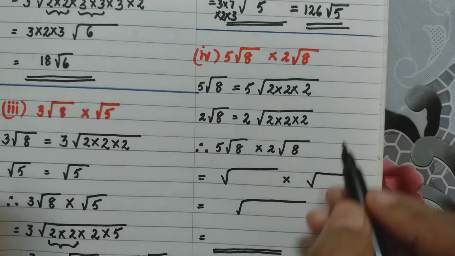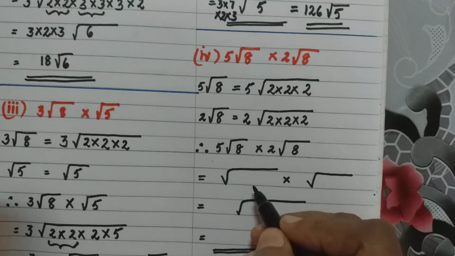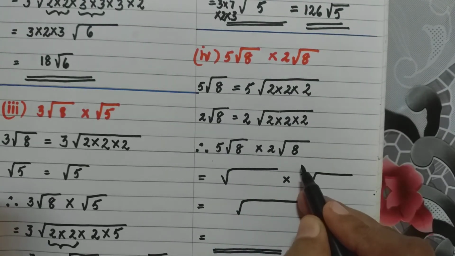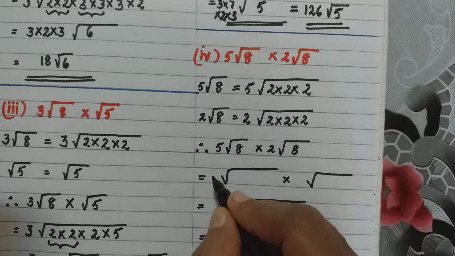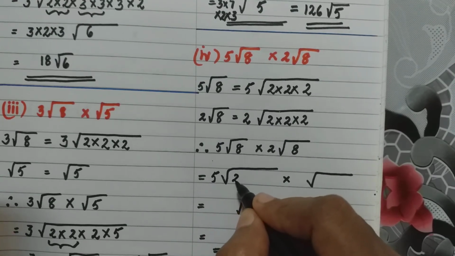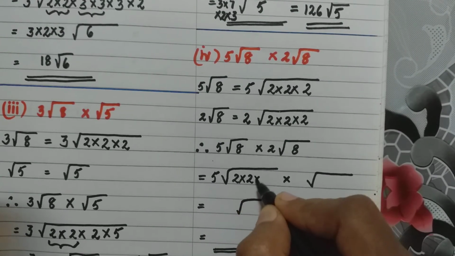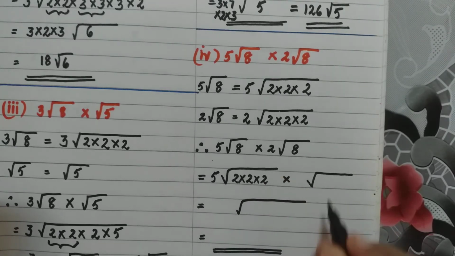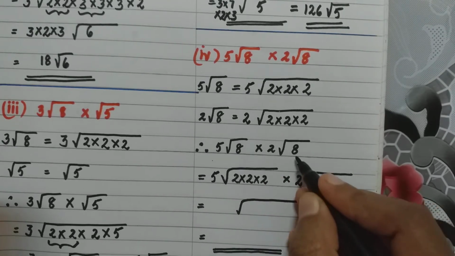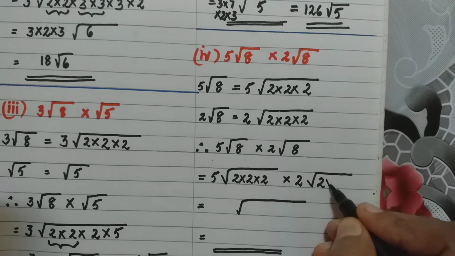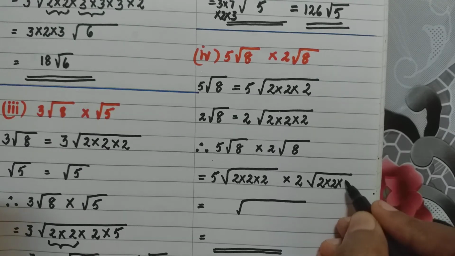So you see the same way we did it for the second question: 5 square root 8 into 2 square root 8. I'll write here 5, 2 into 2 into 2, because we know 8 is this. Same way here, 2, and 8 is nothing but 2 into 2 into 2.